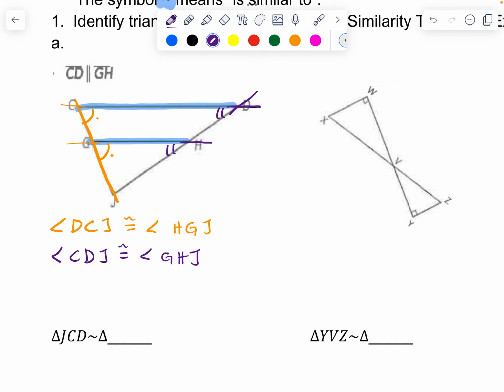That means that these two triangles are similar to each other. So we have to go in the same order. So we started at J, then C, then D.